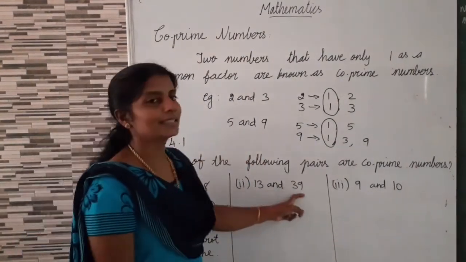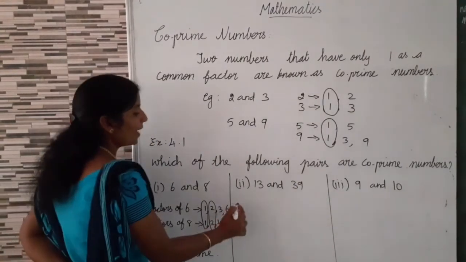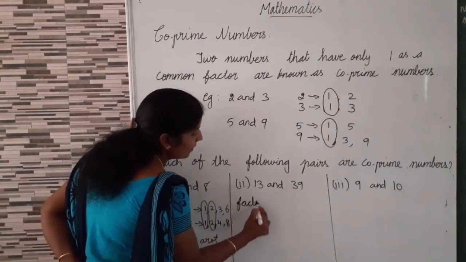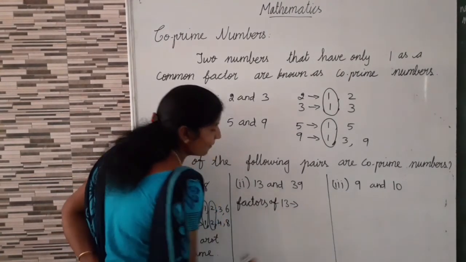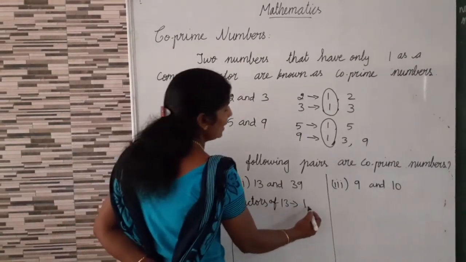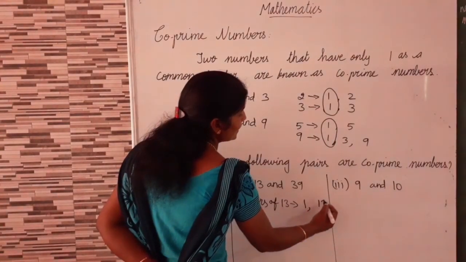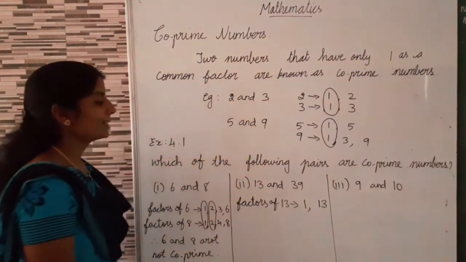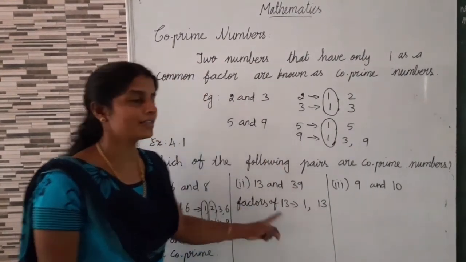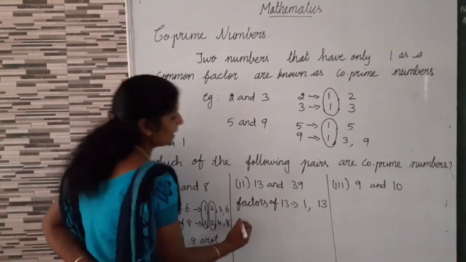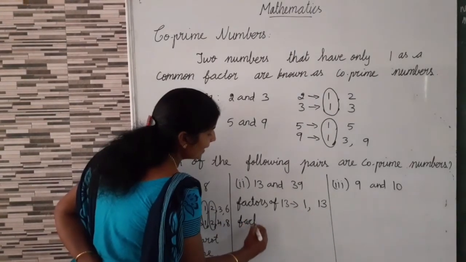13 and 39. Factors of 13 are 1 and 13. 13 is a prime number, so 1 and the number itself are its factors. Now factors of 39.